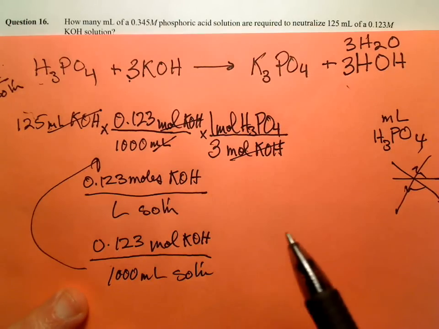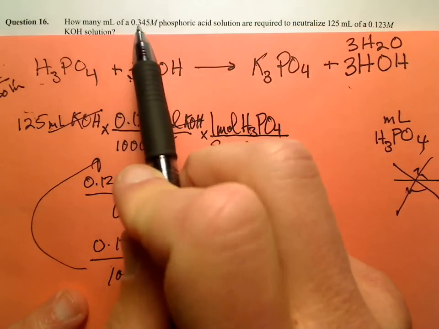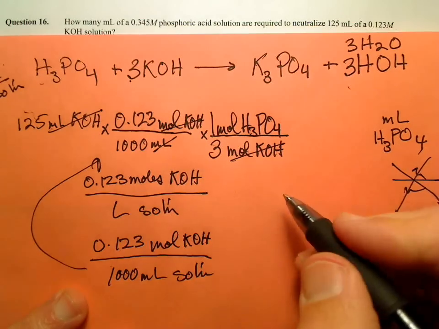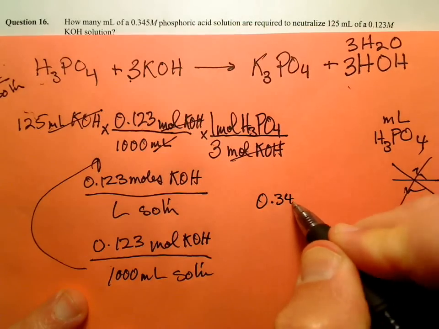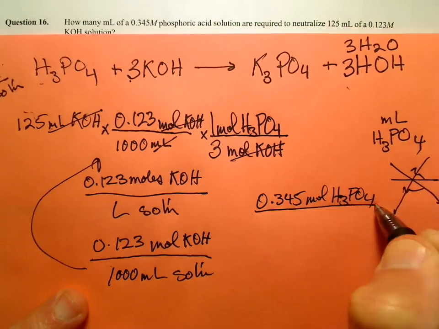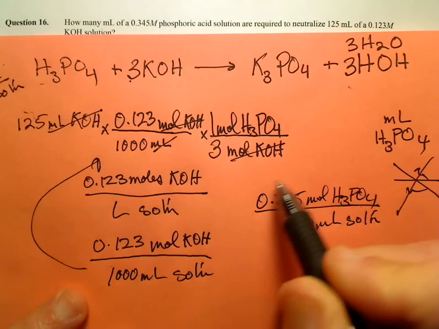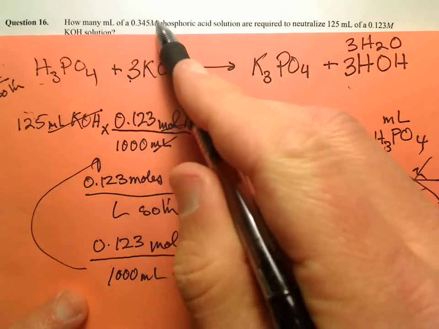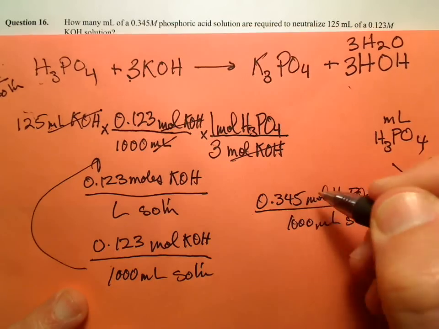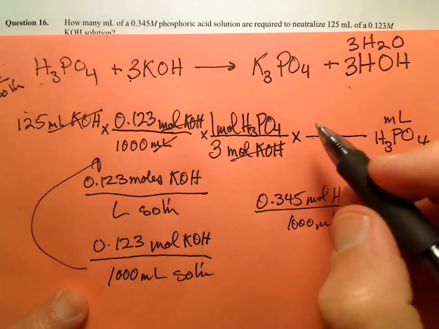So I can do one more step, because look at this. I have a concentration of phosphoric acid, 0.345 moles per liter. But just like before, I'm going to do moles per milliliter, because 0.345 moles phosphoric acid per 1,000 milliliters of solution. This whole thing here is what is incorporated with that molarity there. So let's see, I need moles on the bottom. Oop, I didn't leave much room there.